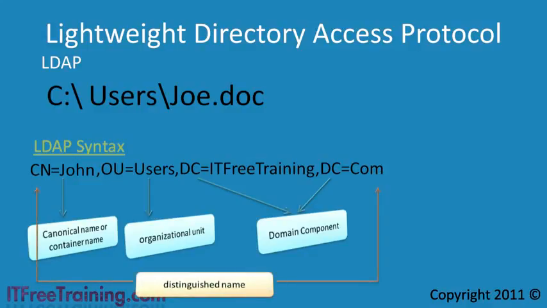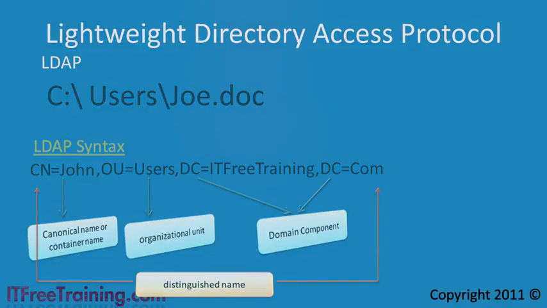Every object in Active Directory has a distinguished name. The distinguished name identifies the object uniquely inside Active Directory. Just like a file has a full path and file name to identify it on a hard disk and only that file, LDAP has a distinguished name to identify only that object in Active Directory.